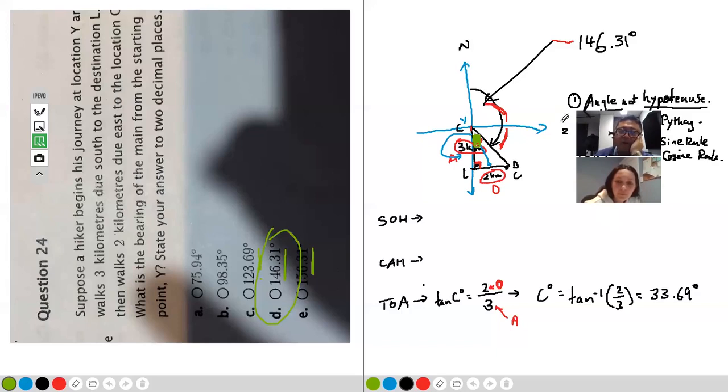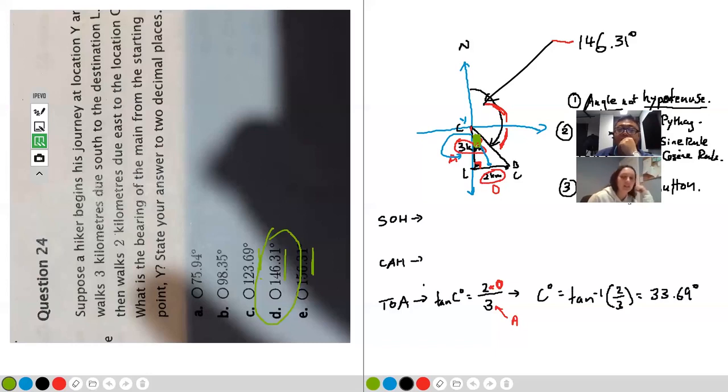The other thing was we're not using the bubble button. Yes, that would have tricked me out. Ordinarily you would, because the question said state your answer to 2 decimal places.